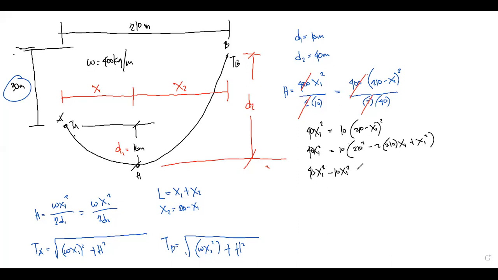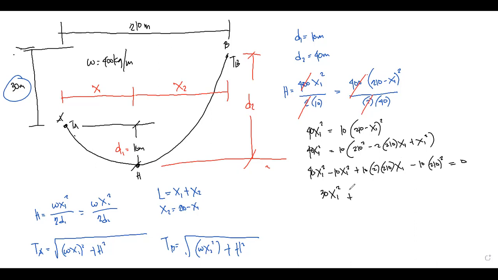Okay, and then plus 10 times 2 times 210. Okay, and then minus 10 times 210 square. So that would be 0. Okay, so we can reduce this one to 30.